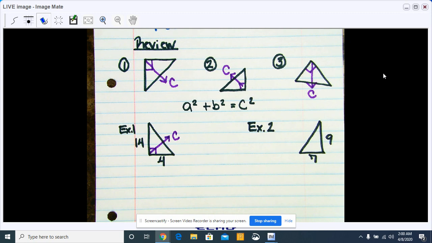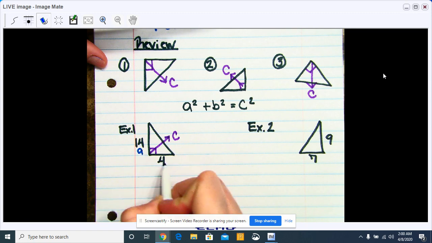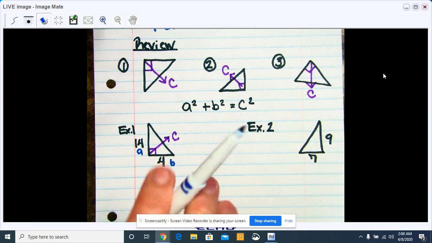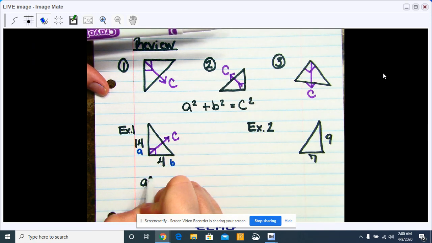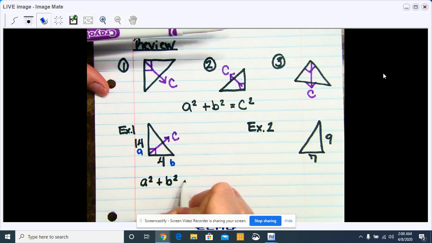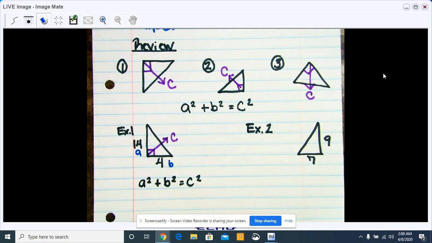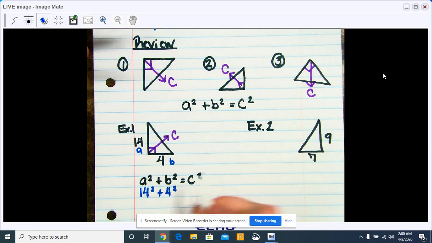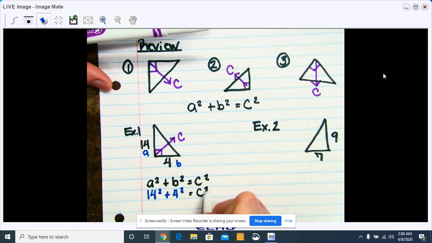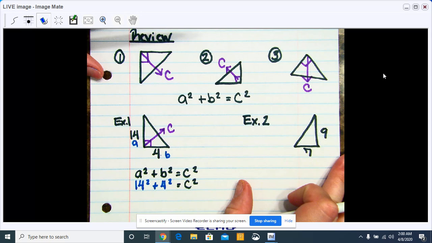You can interchange and intermix the legs, so I'm just going to call 14 A and 4 B. I'm going to replace them into my formula: a squared plus b squared equals c squared. I'm going to place 14 in for A, so 14 squared, and 4 in for B, 4 squared, and that equals C squared. I cannot put a number in for C because it's not given to me just yet.